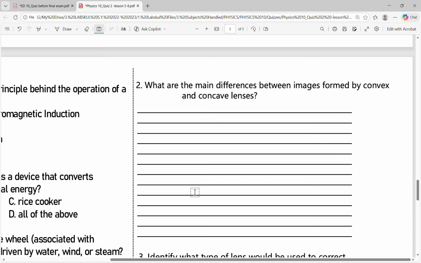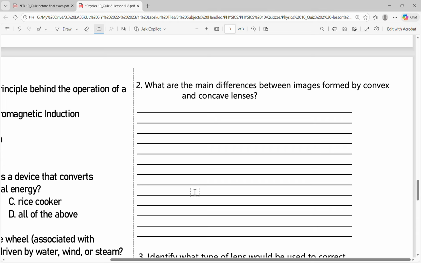In using a concave lens, the image that you could see will always be upright, virtual, and smaller than the object being viewed. Whereas in a convex lens, the image that you could see could either be upright or inverted. Thus, it could give us a real and a virtual image depending on the distance of the objects towards the lens.